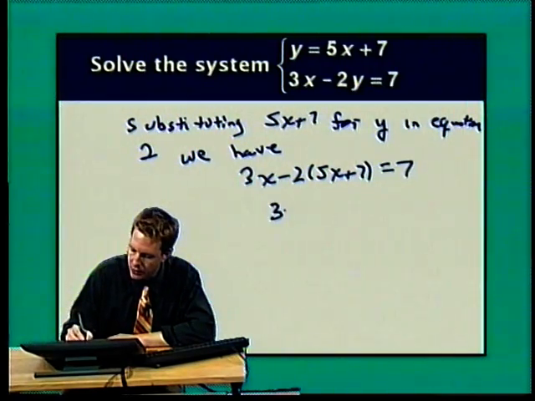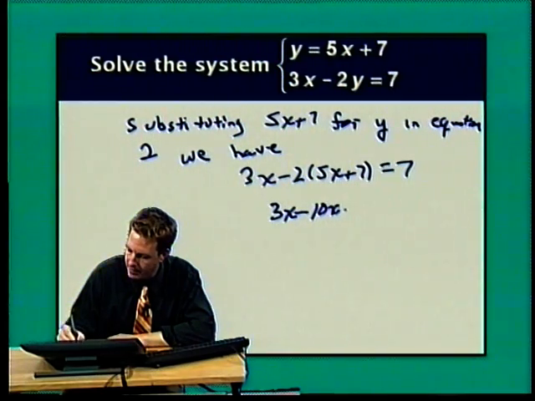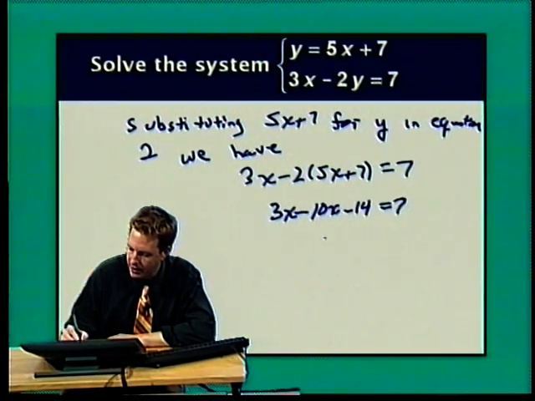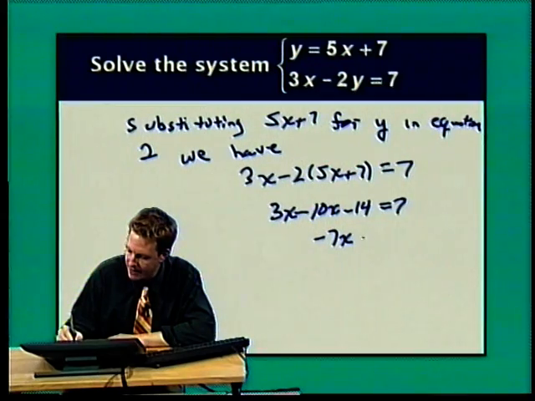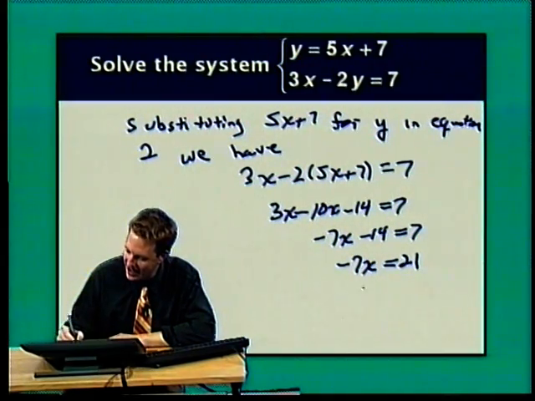Distributing, we have 3x minus 10x minus 14 equals 7. Combining like terms, minus 7x minus 14 equals 7. Adding 14 to both sides, negative 7x equals 21. Dividing both sides by negative 7, x is negative 3.